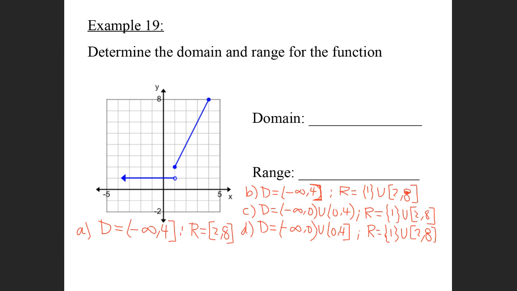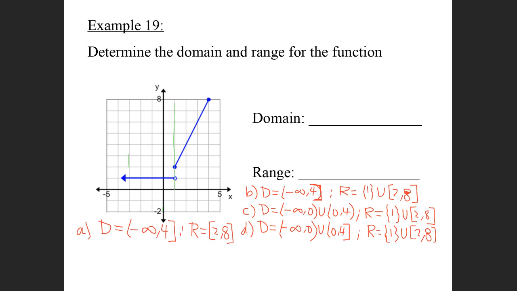Why? Because if you draw vertical lines, you see they intersect the function f. You might think there's a problem at 1, but there's no problem at all, because this will intersect the curve at this point.